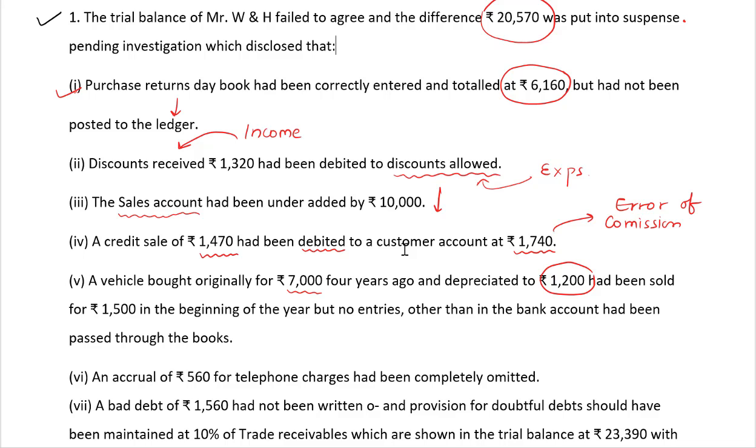The next one, a vehicle bought originally for 7,000 4 years ago and depreciated up to 1200 rupees had been sold for 1500. My dear students, we had bought the vehicle at 7,000. This is historical cost. Depreciated to 1200. This is written down value. So today's value of vehicle is 1200 rupees.